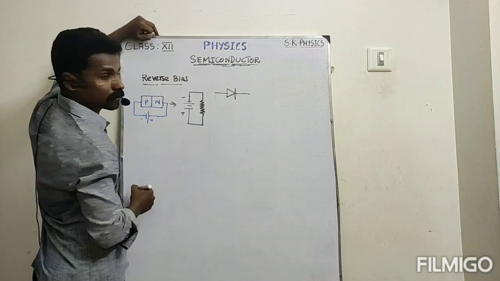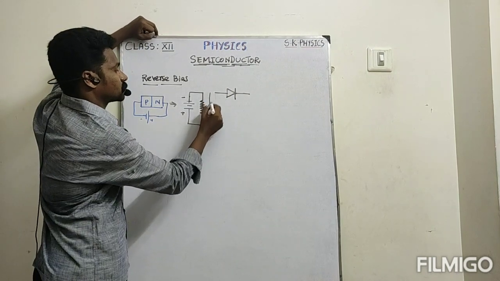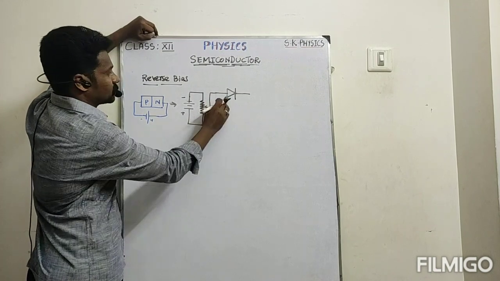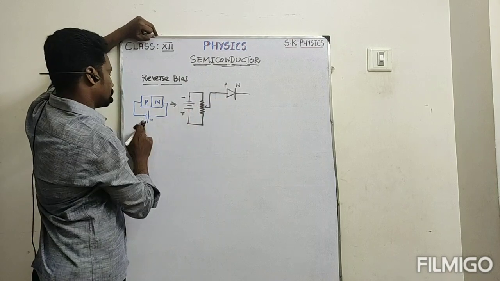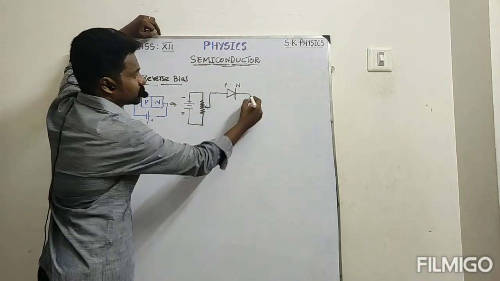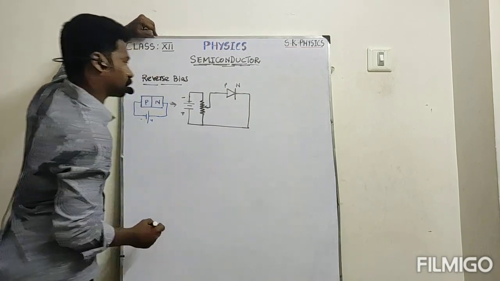Now the P region is connected to the negative of the battery, and the N region is connected to the positive of the battery. So now this is the equivalent circuit.